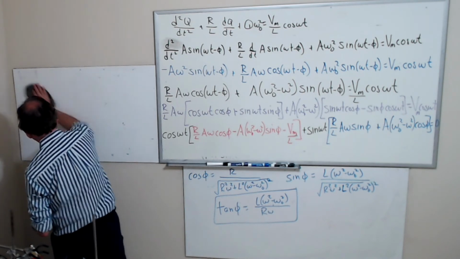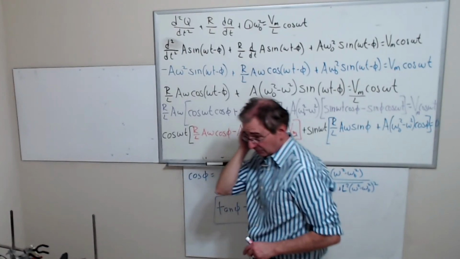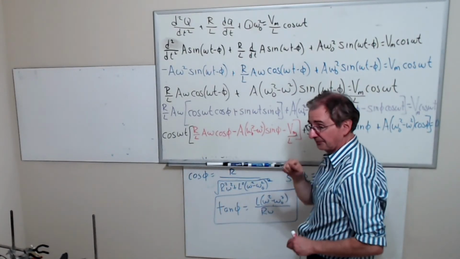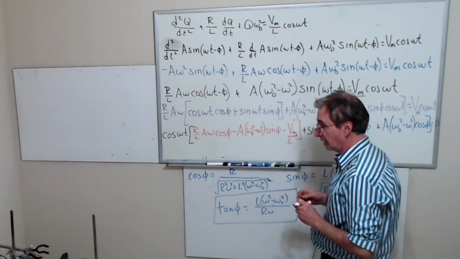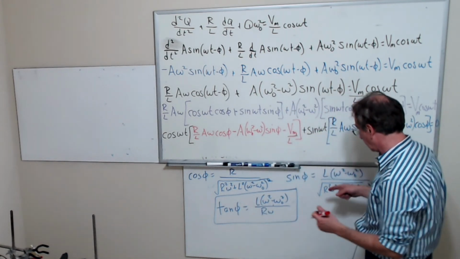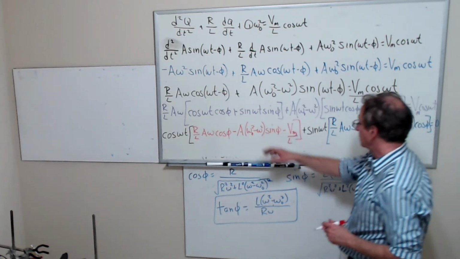And since I'm working on the board, I will tell you right now that this is going to be a little bit messy. So I'm not going to show every single step here. I'm going to show you how to get to the actual result, but you should be able to figure that out. Okay, so let me write this term.